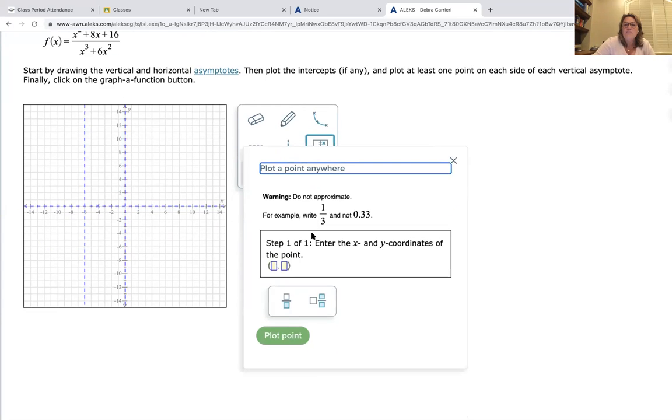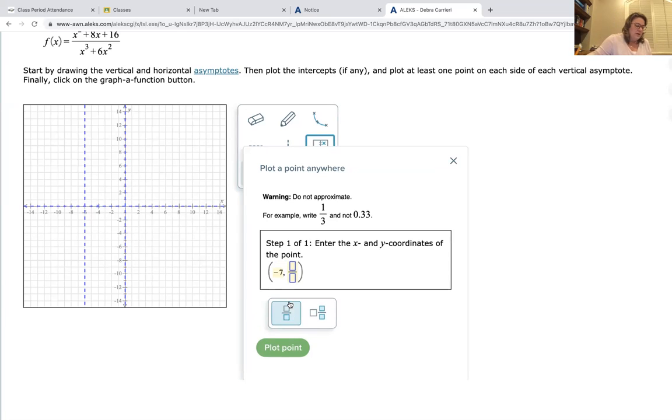It says at least 1 point on each side of the vertical asymptote. I'm not sure that's going to cut it, but let's see. Let's pick a point to the left of the vertical asymptote at -6. We'll pick -7. Using my factored form, -7 plus 4 is -3. I have -3 times -3 in the numerator, that's +9.